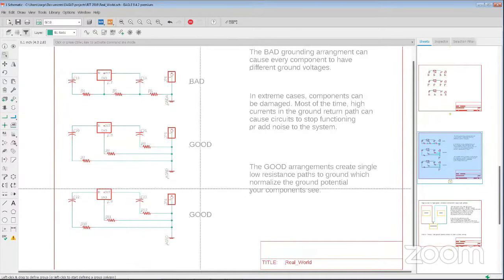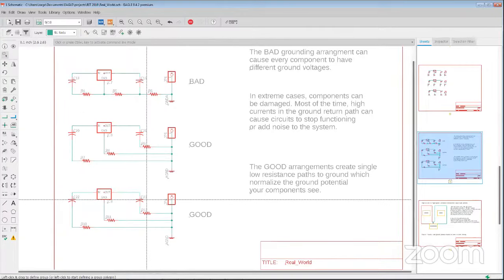A ground plane is a wide area of copper, so you don't have these large impedances that may accumulate. Whereas if you do a daisy chain, you may have these really thin traces, and if you have high current, then you have losses. But because you have a wide plane, you don't have to worry about losses or traces restricting current flow.